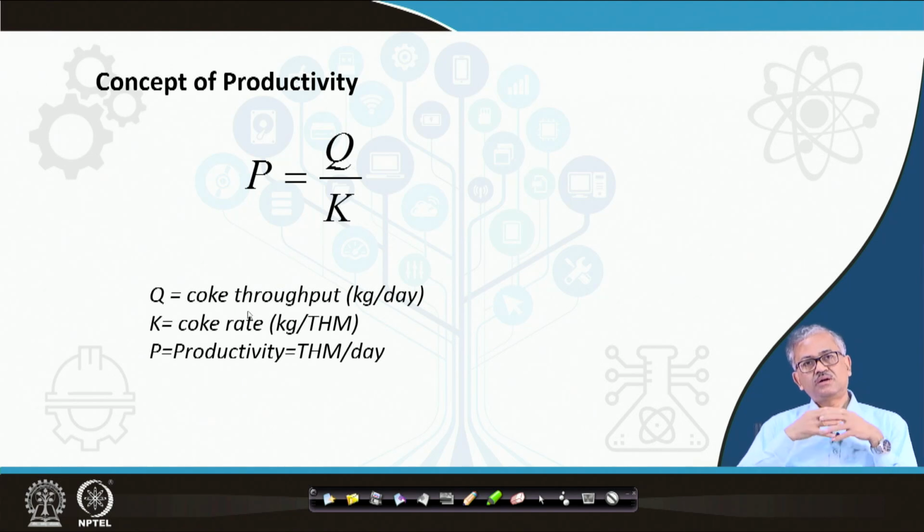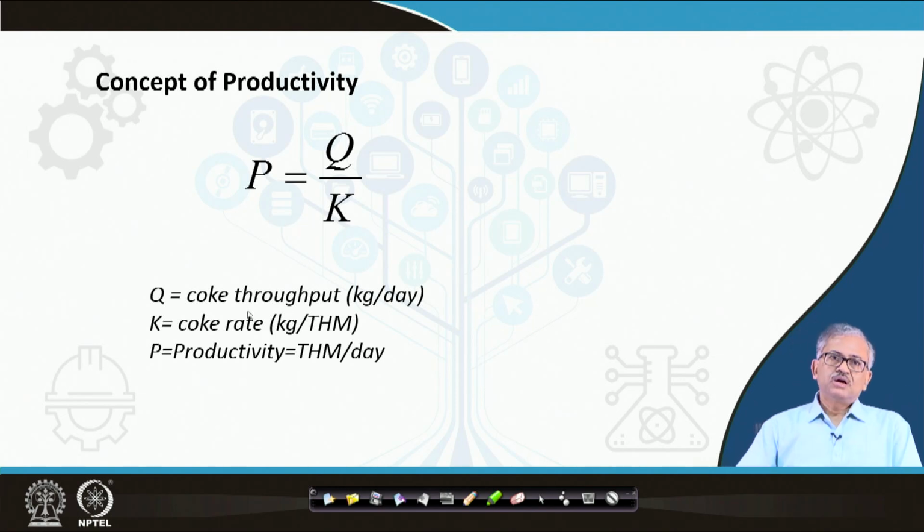Now let us come to the concept of productivity, the parameters on which it depends, how to increase the productivity of the blast furnace, what factors influence it and how to control them.